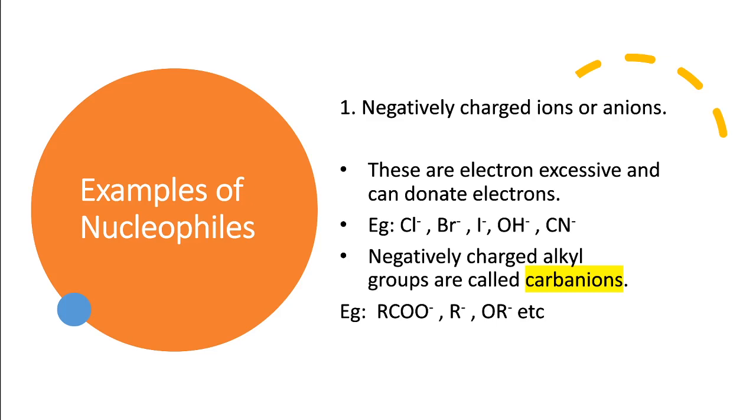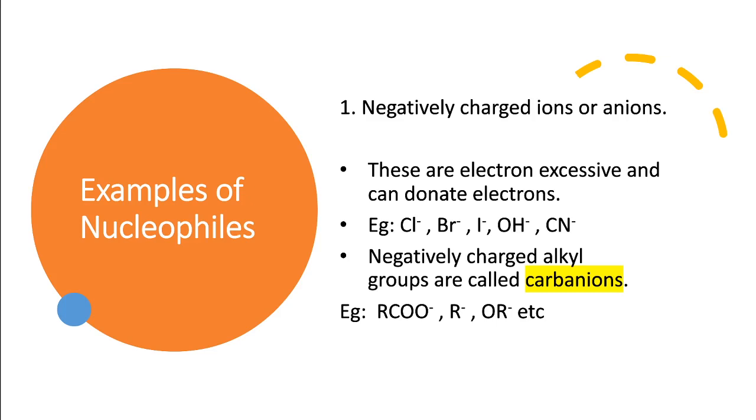Next, negatively charged alkyl groups also act as nucleophiles, and they are generally known as carbanions. Anion means negatively charged, and carb means carbon.